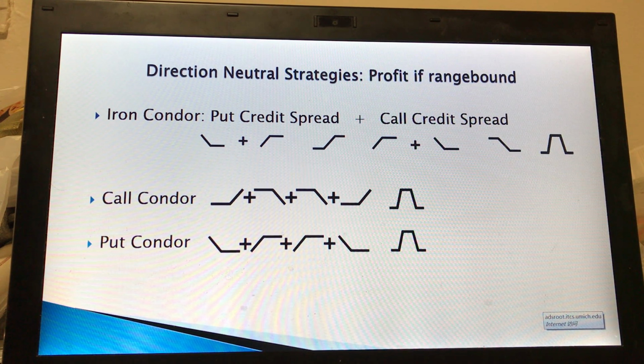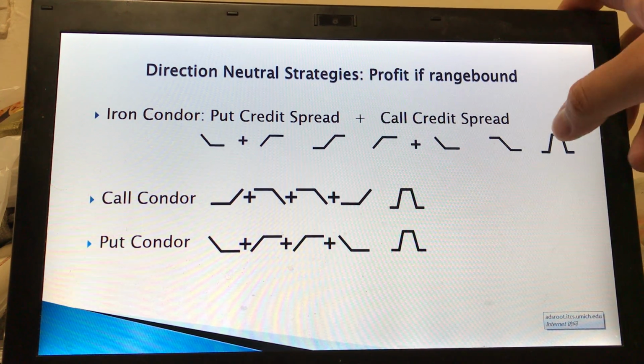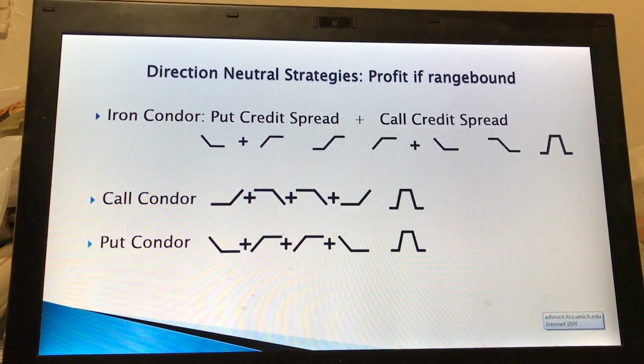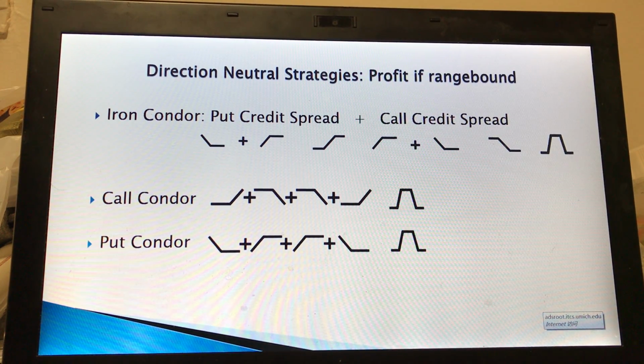The maximum gain is when the stock expires between these 2 points, and all these 4 options expire worthless, and you earn the option premium difference at the time you purchase these 2 put options and these 2 call options.